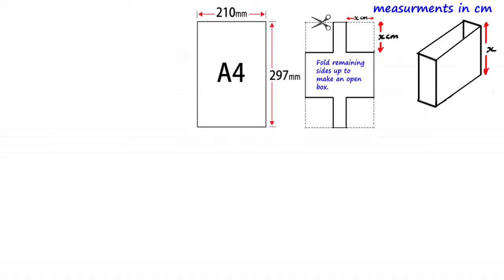What I wanted you to do was measure your length, your width and your height X, and work out the volume. And on the side of the box, write down what the length was, the width, the volume, and the height of your box, X.